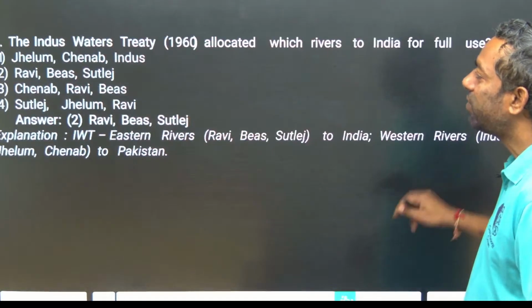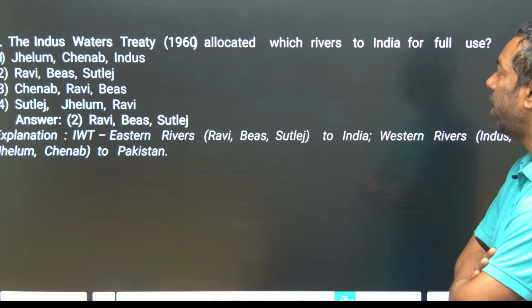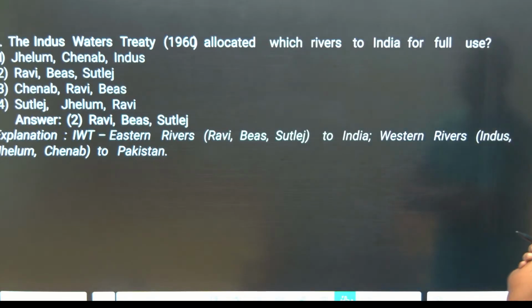Guys, the Indus Water Treaty 1960 allocated which rivers to India for full use? Indus Water Treaty, IWT: eastern rivers Ravi, Beas and Satluj to India; western rivers Indus, Jhelum, Chenab are for Pakistan. This is also an important question for you guys.